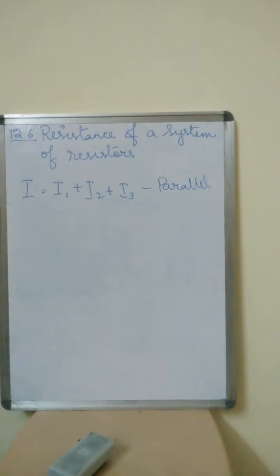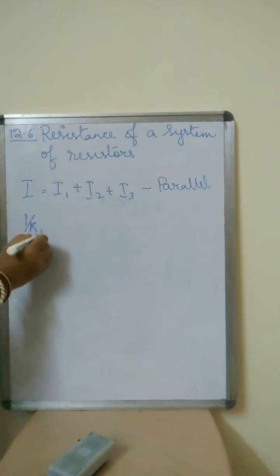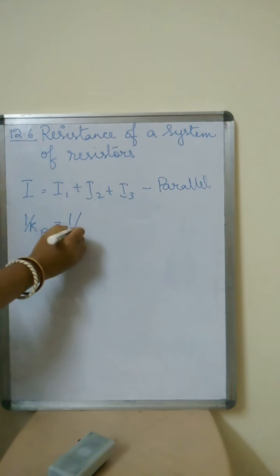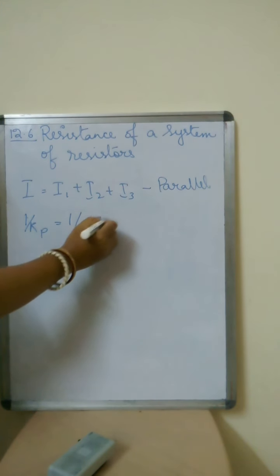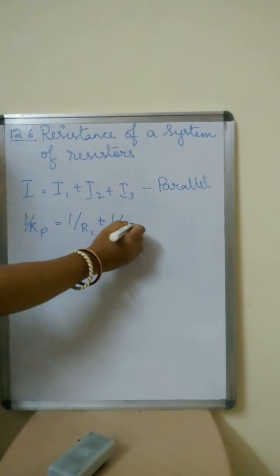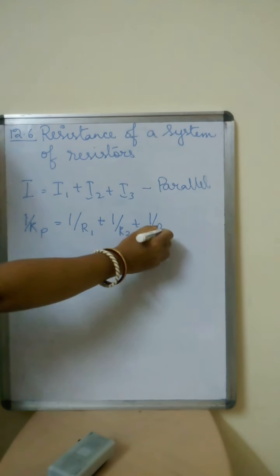So here 1 by Rp is equal to 1 by R1 plus 1 by R2 plus 1 by R3.